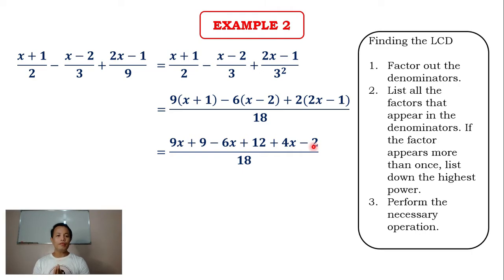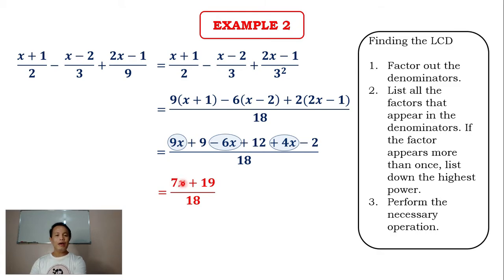This time, we combine like terms. We have here 9x, 6x, and 4x. They are like terms because they have the same variable and the same exponent. So we can combine 9x minus 6x plus 4x. So that will give us 7x. 9x minus 6x is 3x plus 4x will give us 7x.